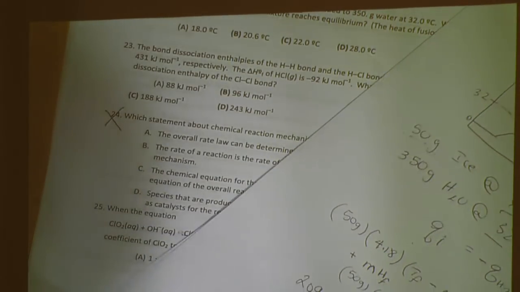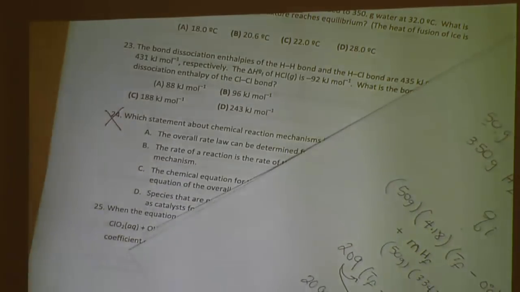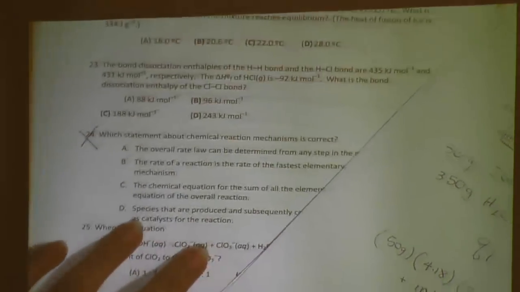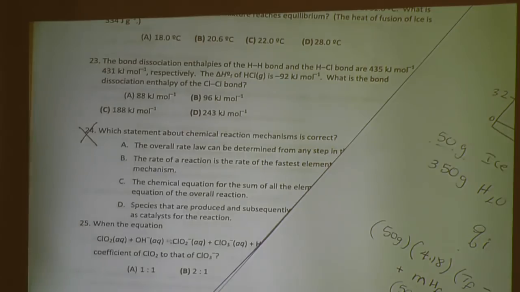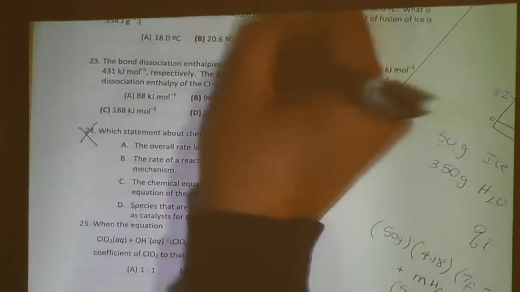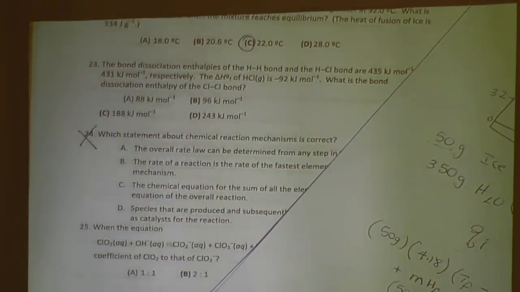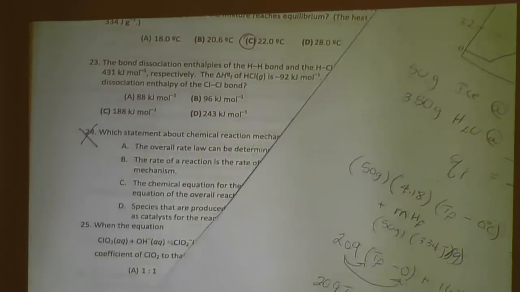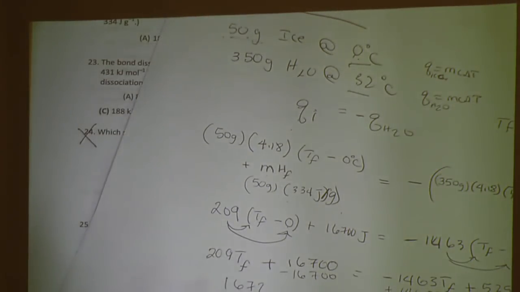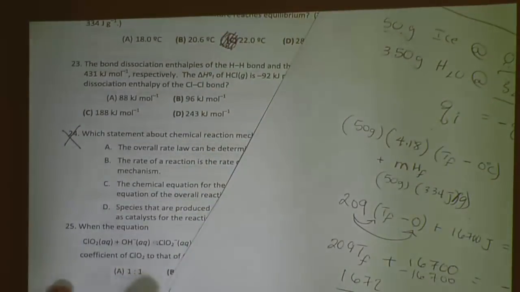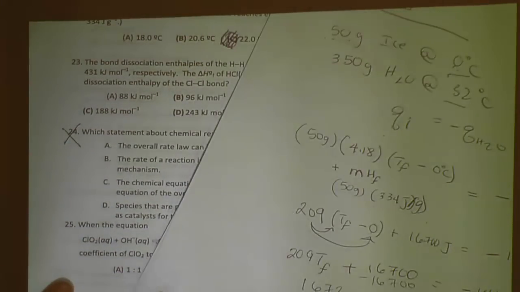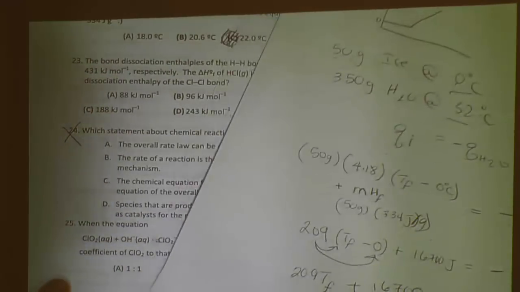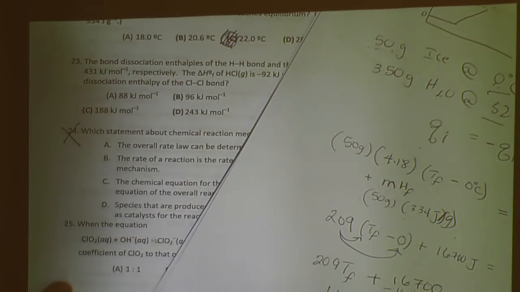So the closest one here to 21.4, so I guess it would be a rounding error of some sort, is answer C. You got 18? By dividing this? Oh, okay. Well, the answer is 18 actually. Yeah. But I got 22.